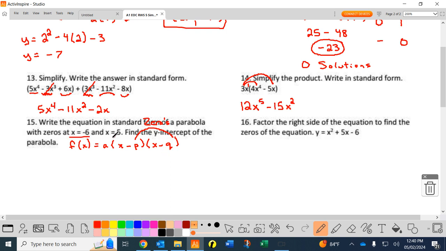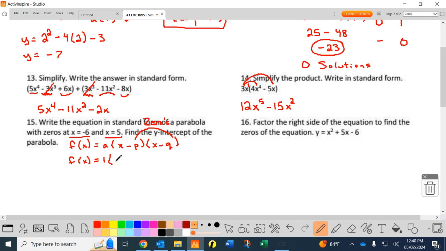So it's going to be f of x equals, okay, and we're going to treat a like it's a 1, so it's going to cancel itself out. We're not going to get crazy here, so we're just going to think of this like a 1 on the outside. That number can change the equation depending on what that number is. We're not going to get all into that for now, just think of it as a 1. Okay, unless they give you a point, you can use 1 there.